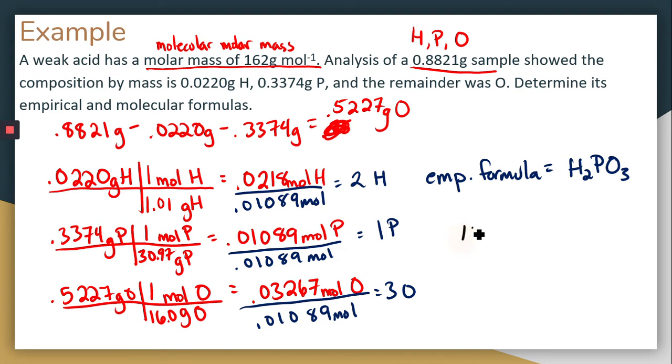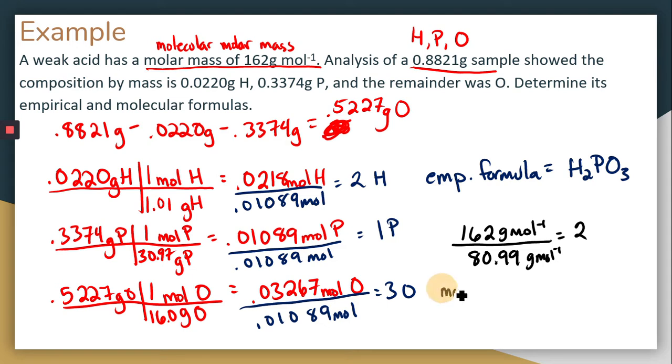So we take the molar mass that's given to us in the problem, and we divide it by the molar mass of H2PO3. So 2 hydrogens, a phosphorus, and 3 oxygens, and we get a molar mass of 80.99 grams per mole. So when we divide that, we get a multiple of 2.